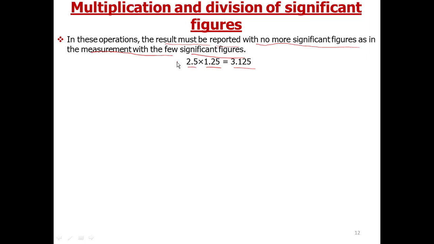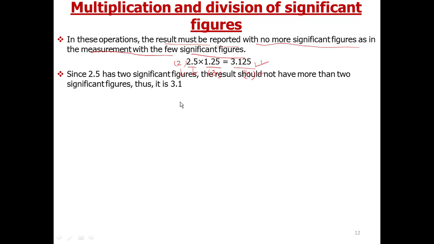So this has 2 significant figures, this has 3 significant figures, and the result has 4 significant figures. But the rule says the result should not have more significant figures than either of the original measurements. Now it has only 2 significant figures, so our result should also have only 2 significant figures. So the correct answer is 3.1.